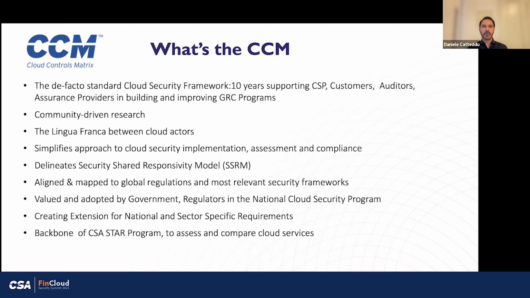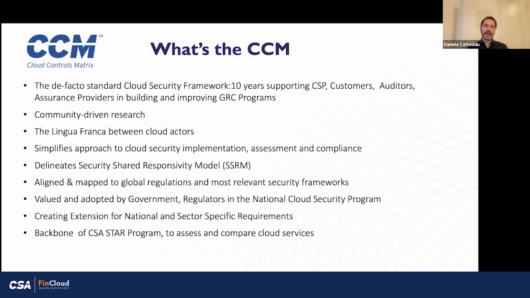So we didn't want to reinvent the wheel, but we wanted to provide a framework that was applicable and relevant to cloud. We wanted to create that connection between each control of the CCM and controls existing in these other standards, in order to give any user of the Cloud Control Matrix a clear understanding of how a certain control that is relevant to cloud computing was linked back to other controls that those companies were possibly already implementing, but which were relevant in a non-cloud environment.